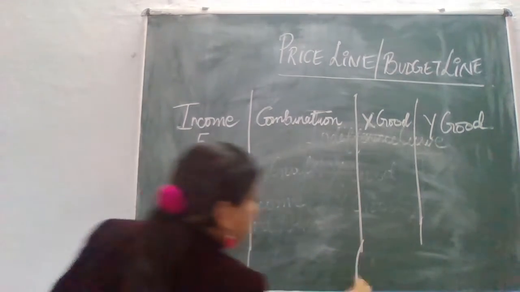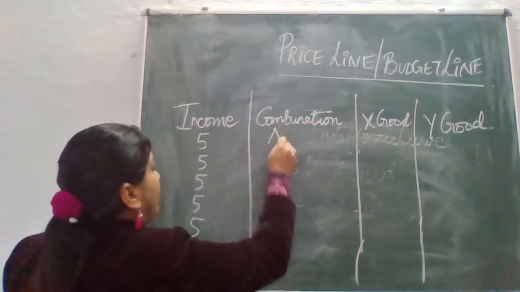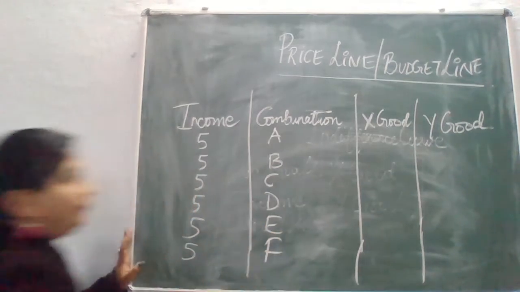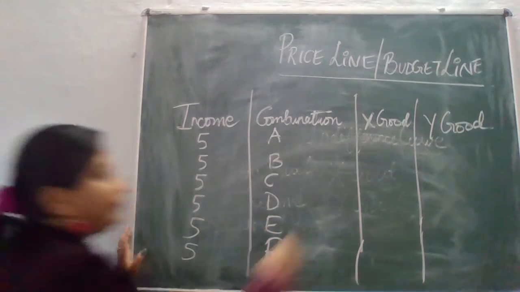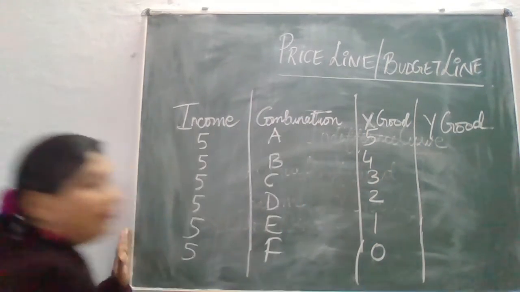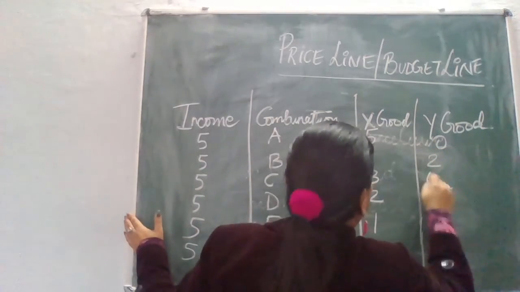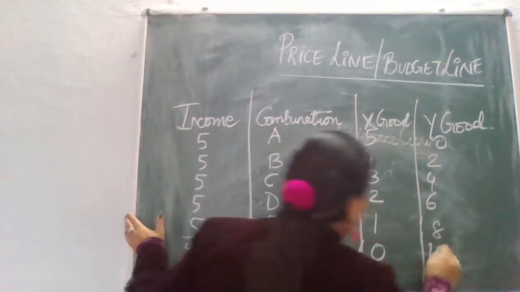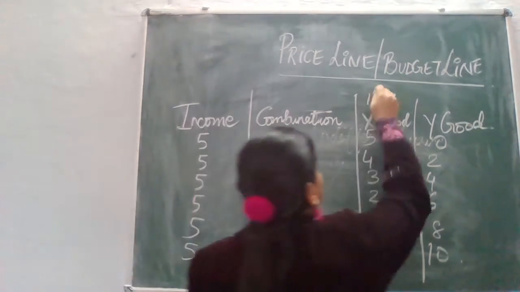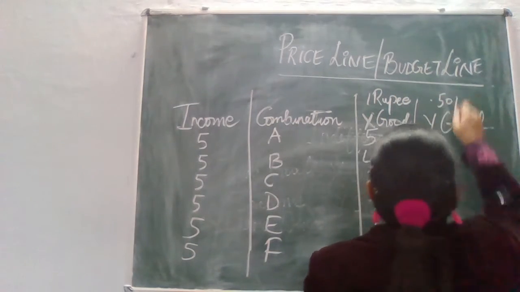Suppose income is given as rupees 5. Combinations are A, B, C, D, E and F. X good is 5, 4, 3, 2, 1, 0. And Y good is 0, 2, 4, 6, 8 and 10. Suppose for X good you are having 1 rupee and for Y good you are having 50 paise.